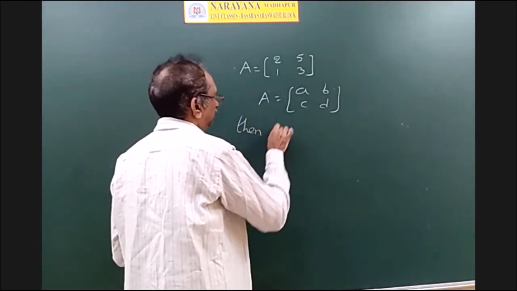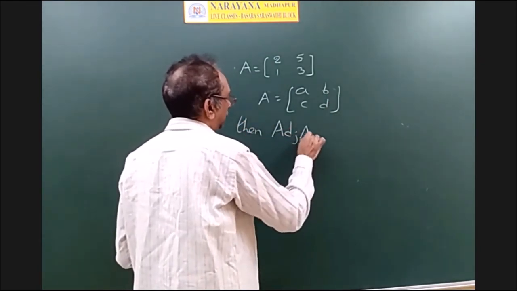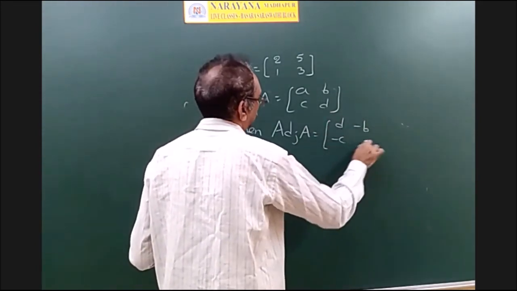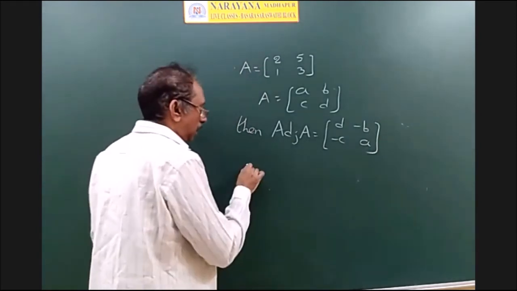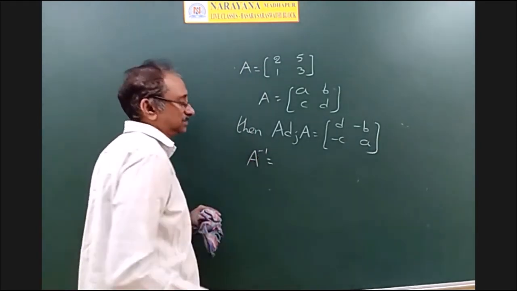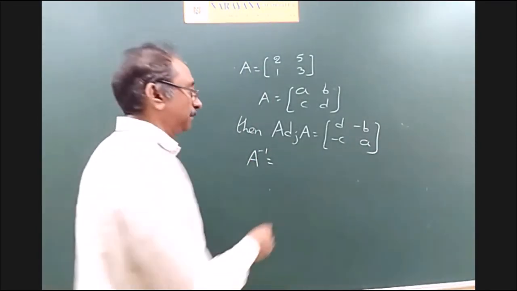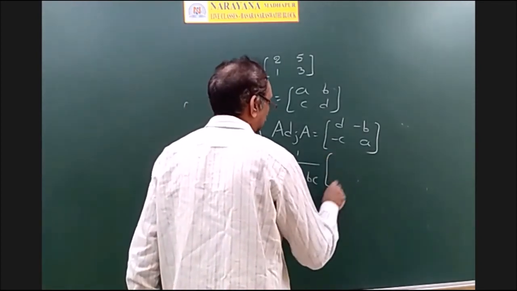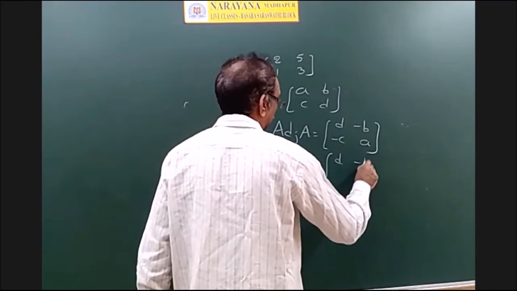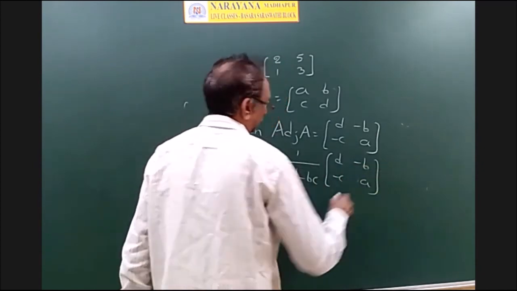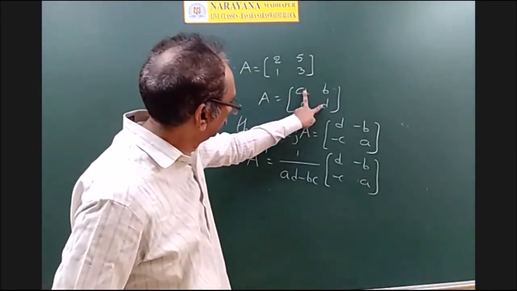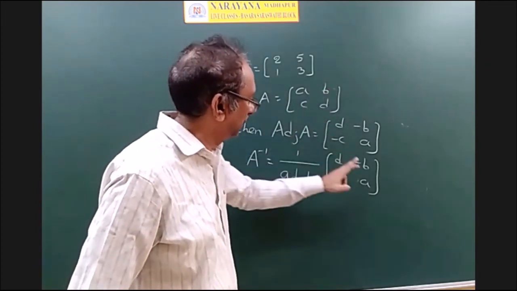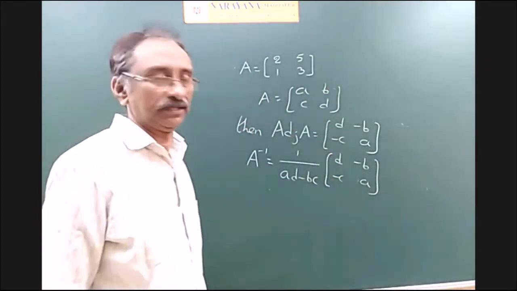Then, if you want to write adjoint A, this is the matrix D minus B minus C A. Or if you want to write A inverse, it is adjoint A by det A. So 1 by AD minus BC into adjoint A, D minus B minus C A. That means you have to interchange these two numbers, keep these numbers here only and put a minus on the other two. So this is A inverse.